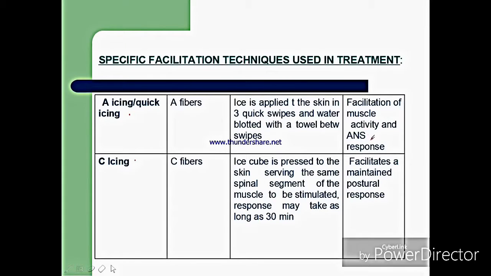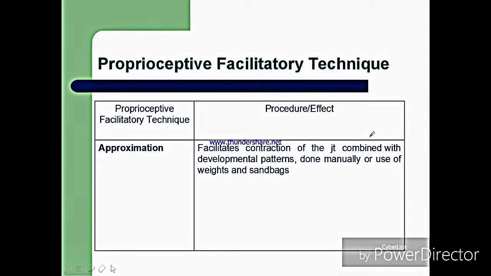A icing of the upper right quadrant of the abdomen, that is at the level T7 to T9, will result in stimulation of the diaphragm, and touching the lips will lead to closure of the mouth. There is a rebound effect to icing which occurs approximately 30 seconds after stimulation, in which the muscle so stimulated becomes temporarily inhibited.